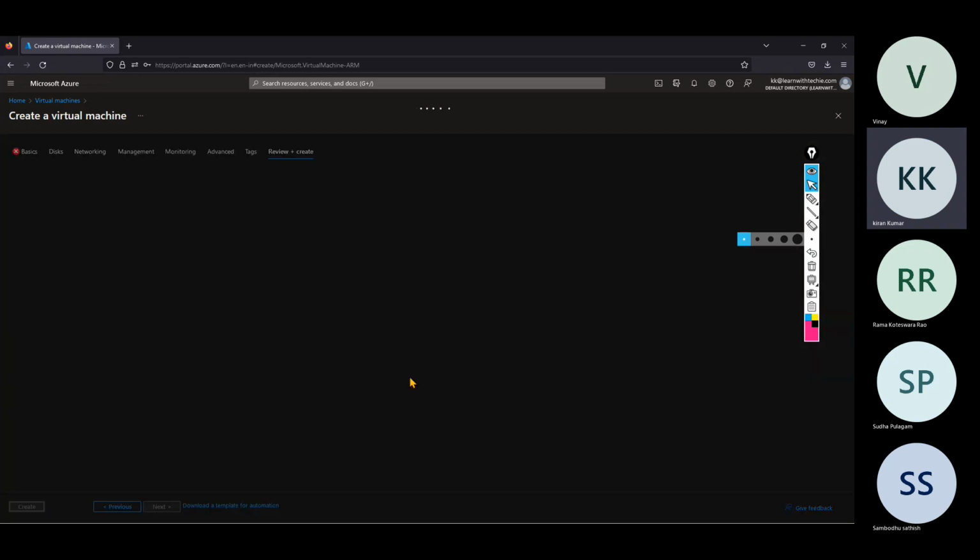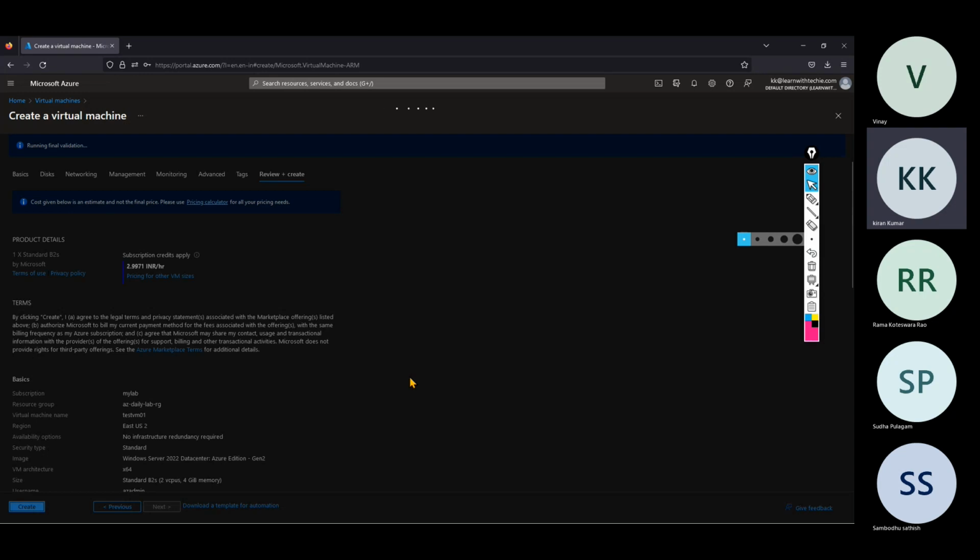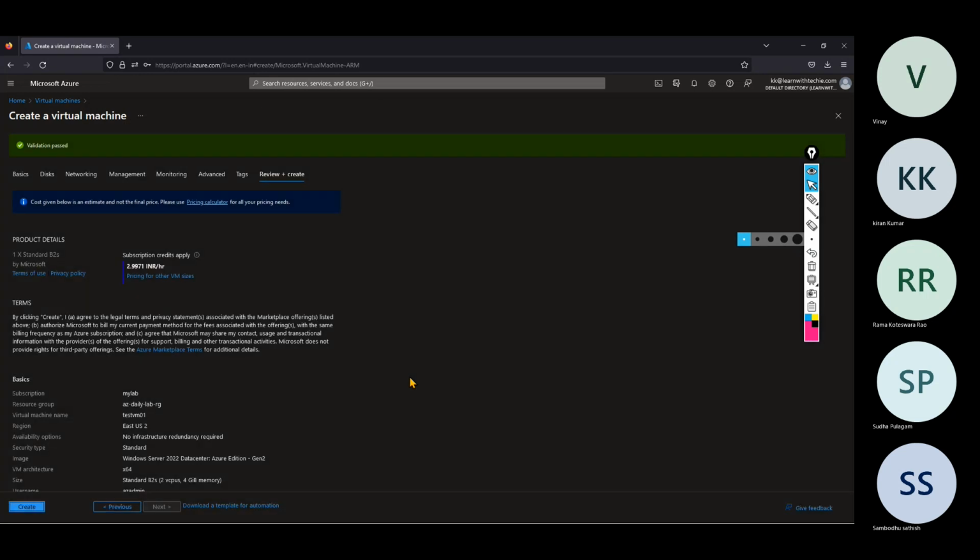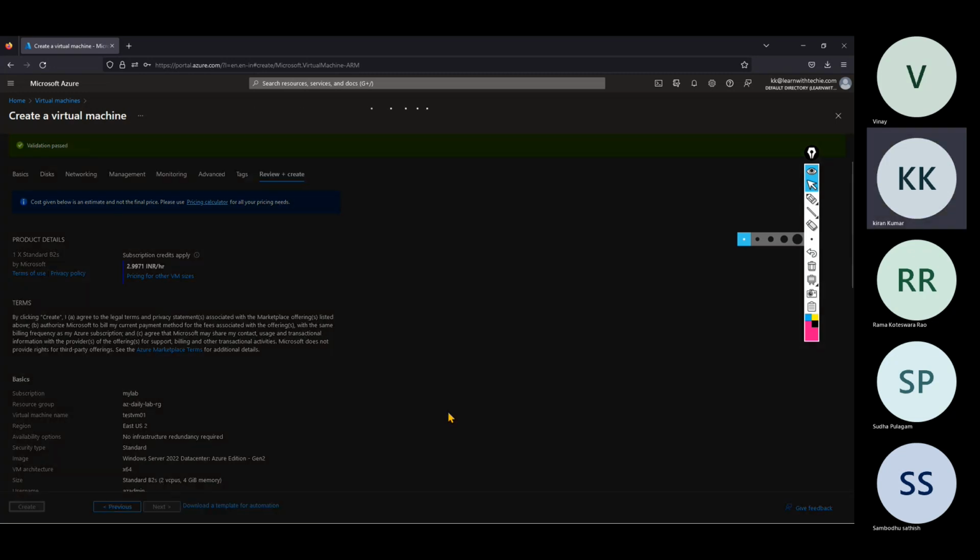So I don't want monitoring of boot diagnostics. Okay, and create it. Virtual machine creating.